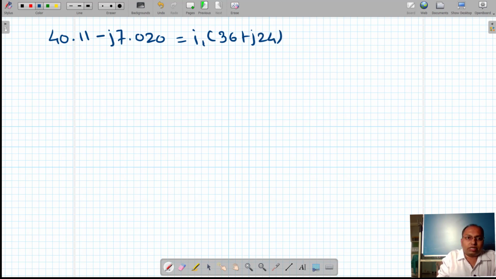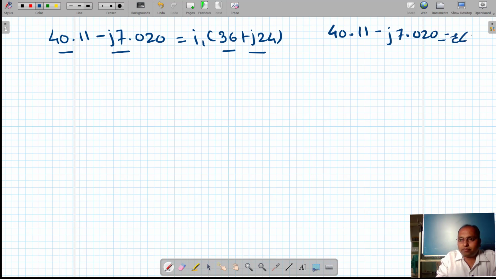Right? Now let us convert these two rectangular quantities into r and theta again. Let us go for the first one, 40.11 minus j7.020. We are going to convert it into r and theta.